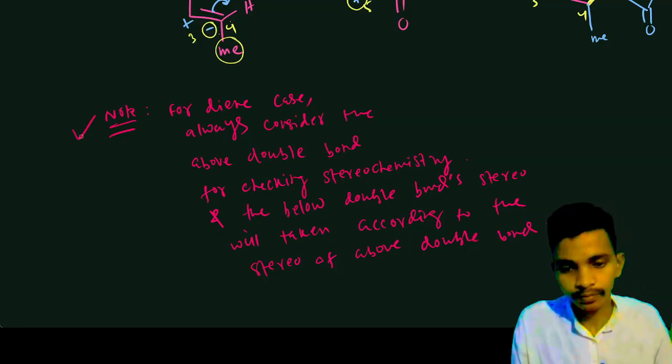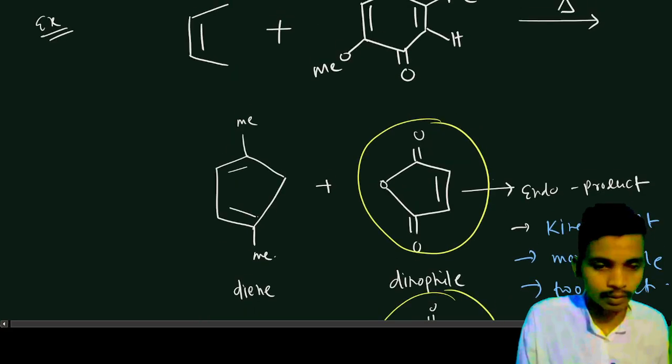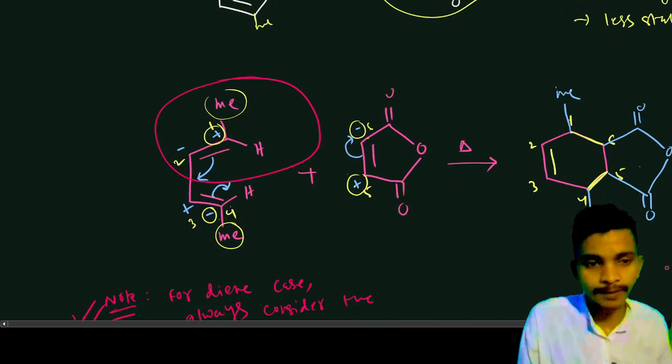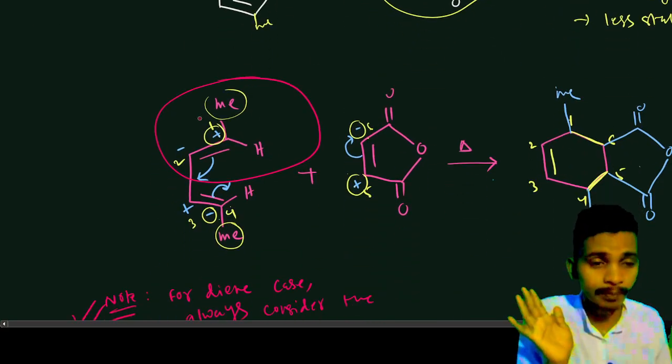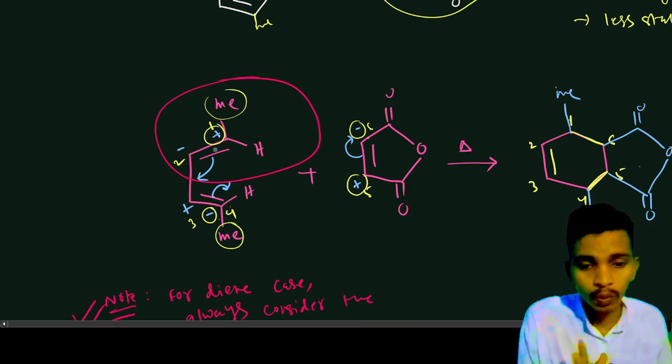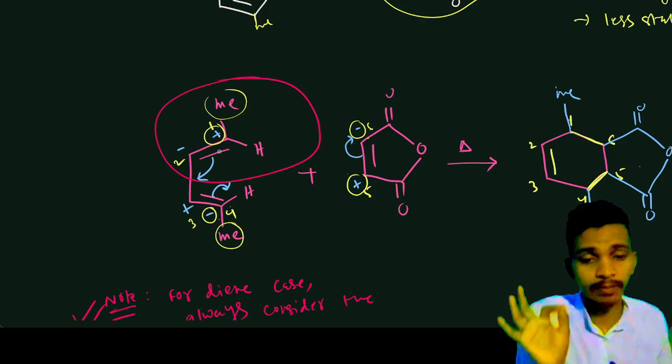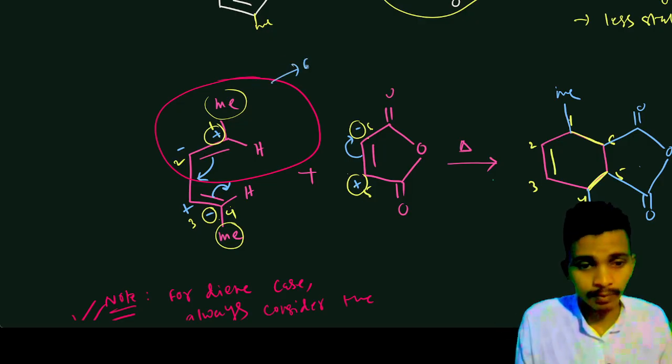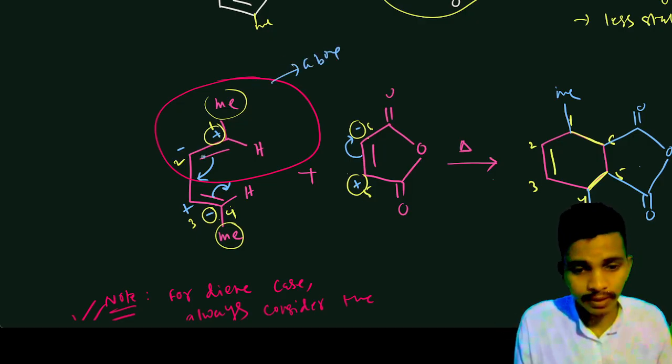Okay, this we have to look at. Now what I mean is that for the dienes we will always look at the above double bond. Okay, this is the above double bond.